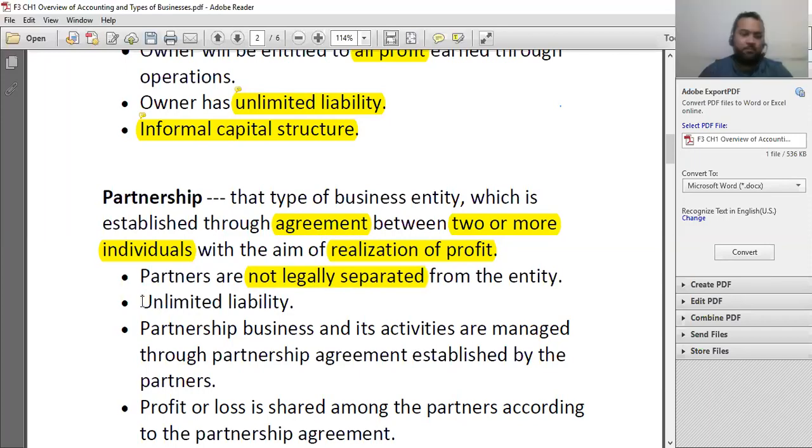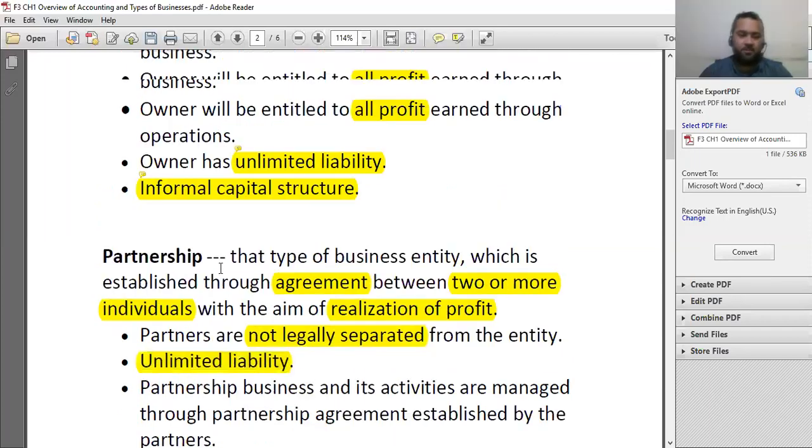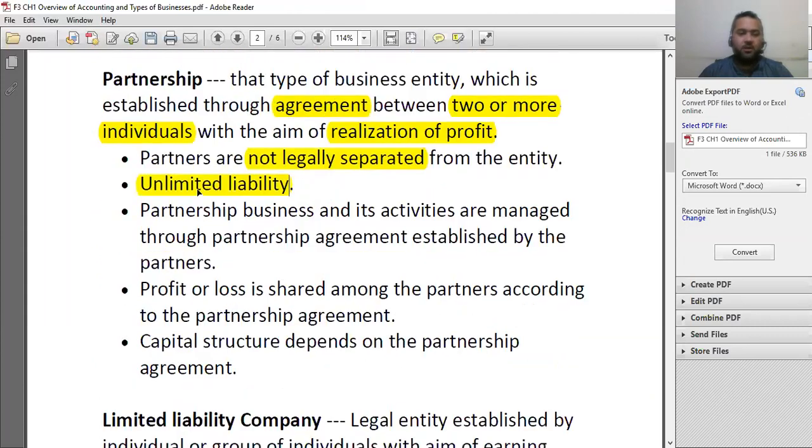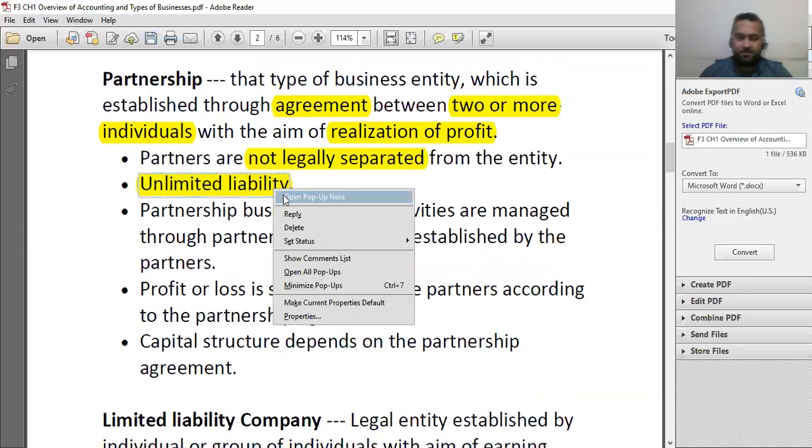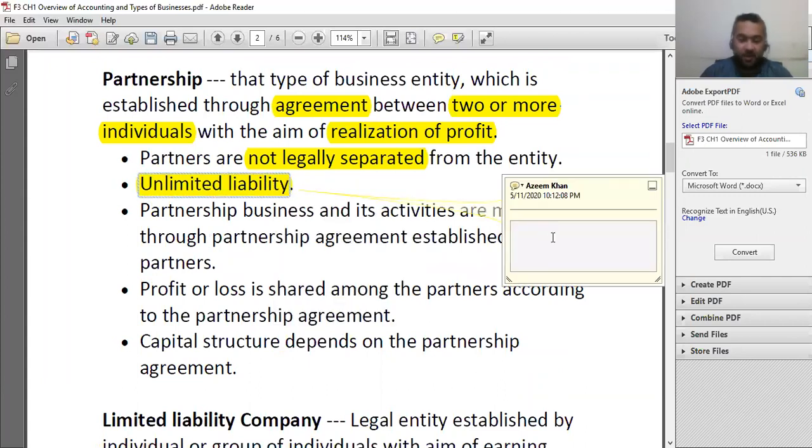Second point, same feature, unlimited liability, same as in the sole trader. The liability of a partnership is also unlimited. Now there is a point here. If we have two partners, A and B, A is bringing 10,000 cash, B is bringing 10,000 cash.